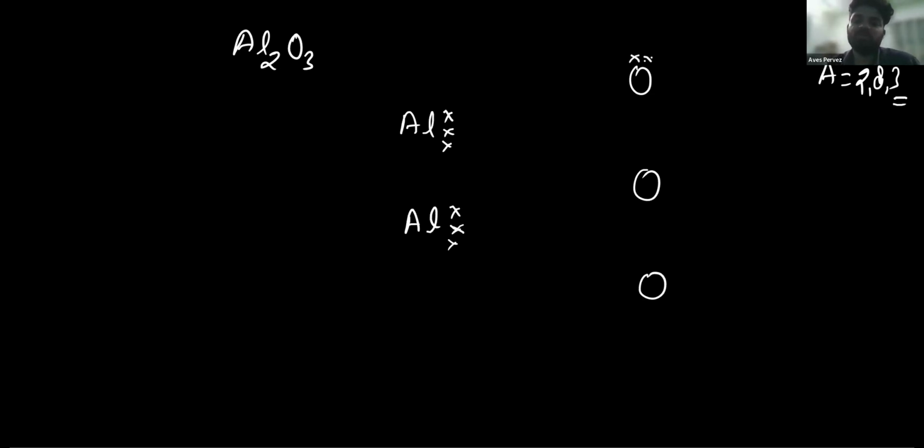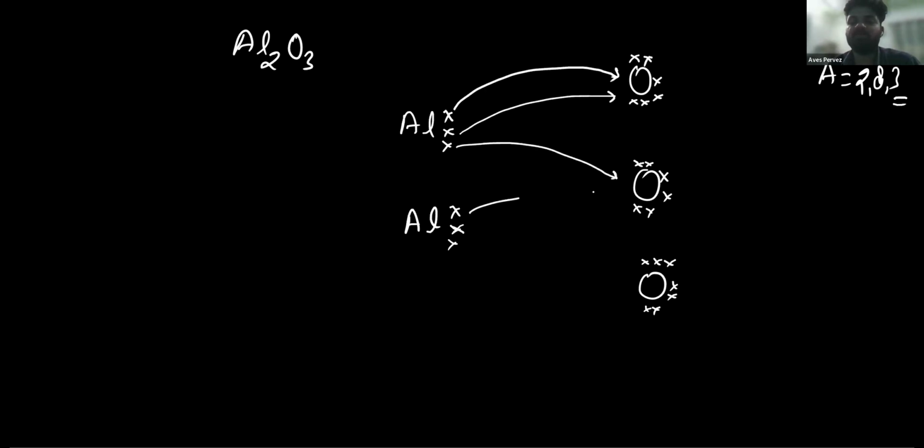And here oxygen is going to have 6 electrons in its outermost shell. So 1 electron here and 1 electron, 2 electrons. Now this 1 electron from here is being shared, and the 2 remaining go to this one and to this one. Got it?